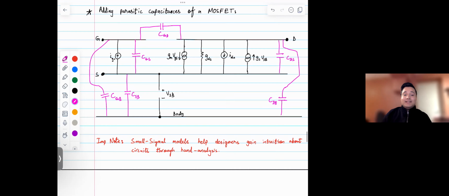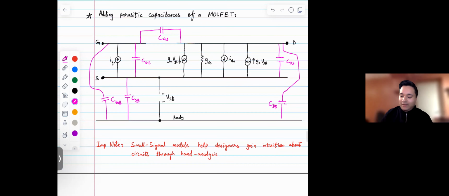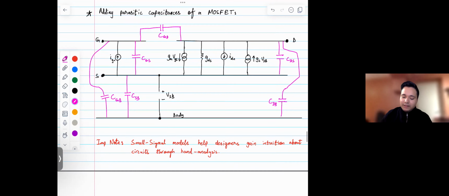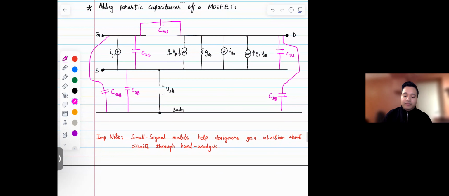So that's the small signal model for one transistor. Now, I don't know about you, but to me, this looks very complex. This looks complex because this is just one transistor, and remember that the small signal model is just a tool to analyze analog circuits. For example, when we look at a schematic for current mirrors, we can replace the two transistors of the mirror with their small signal equivalents, analyze the circuit, and see the output resistance and things like that.